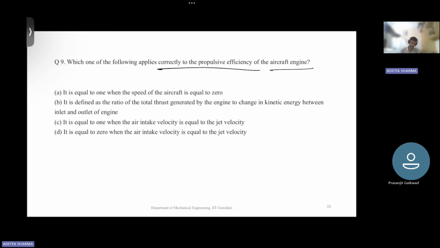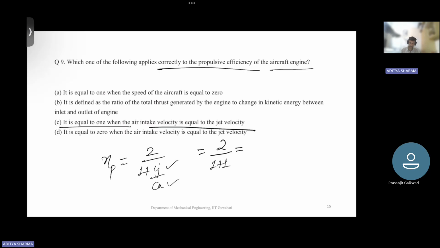Yes, C is the correct option. So it is equal to 1 when the air intake velocity is equal to the jet velocity. Because your propulsive efficiency is also written as 2 by (1 plus Cj by Ca). So if Cj and Ca are equal, then this becomes 1 plus 1, and in this case, this becomes 1. So this is the correct option.